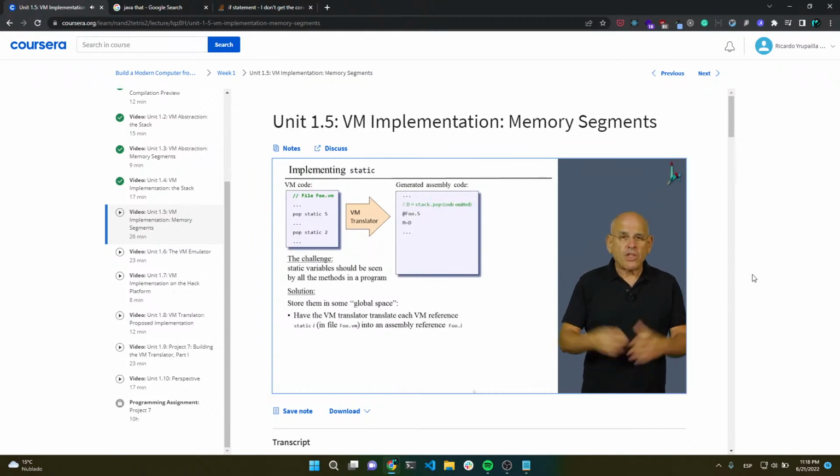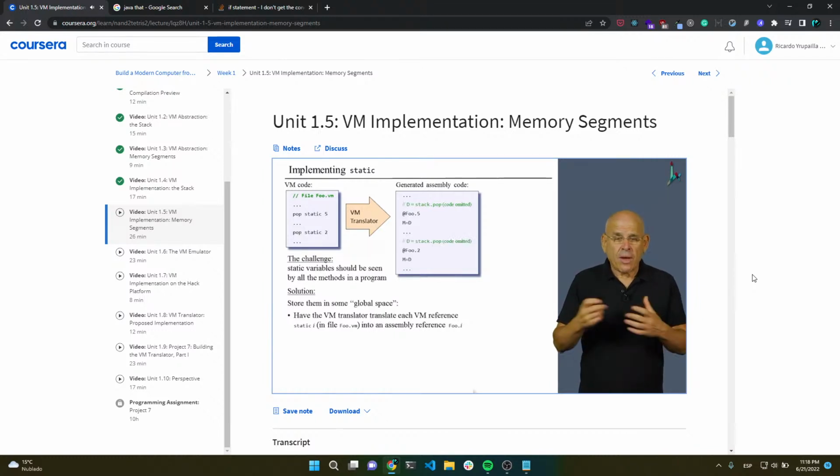Well, we generate a label called foo.5, and then we say M equals D. What about the other command? Well, we handle it in exactly the same fashion, only instead of 5, we're going to generate 2.